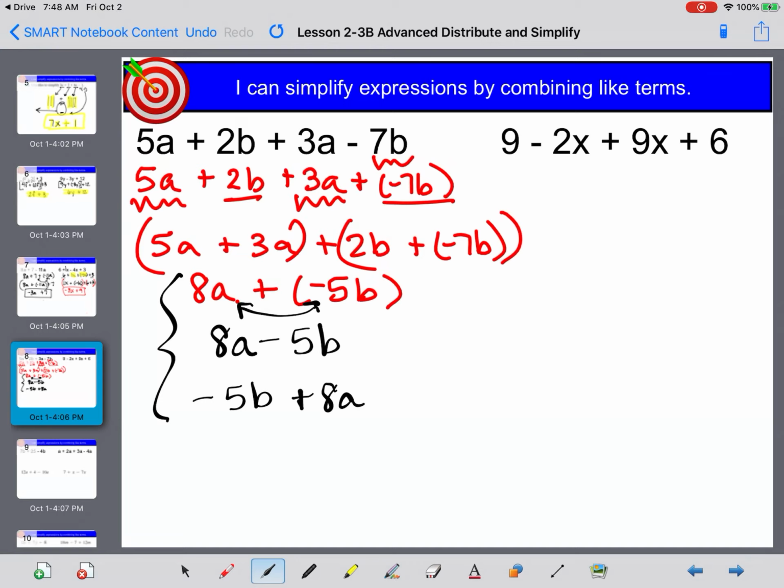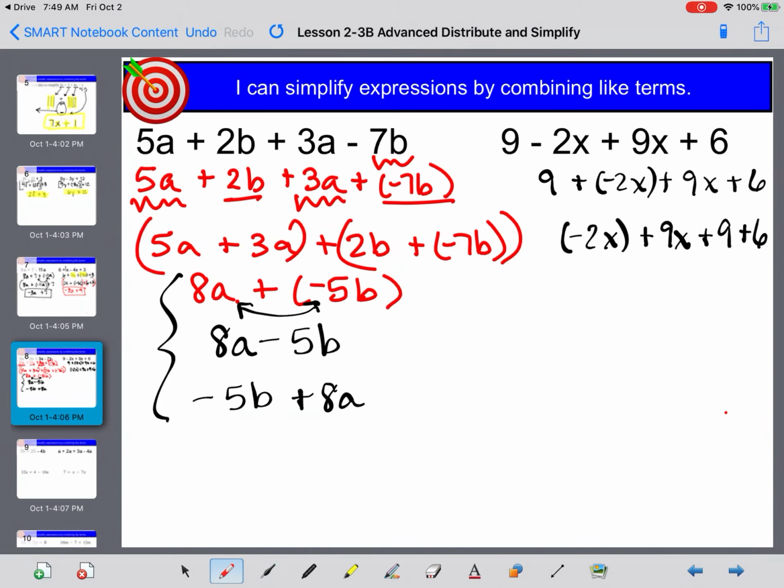All right, going back and trying this one. 9 plus negative 2x plus 9x plus 6. Now, my constants are the 9 and the 6. So I'm going to rewrite those so that those two are together and that my x's are together.